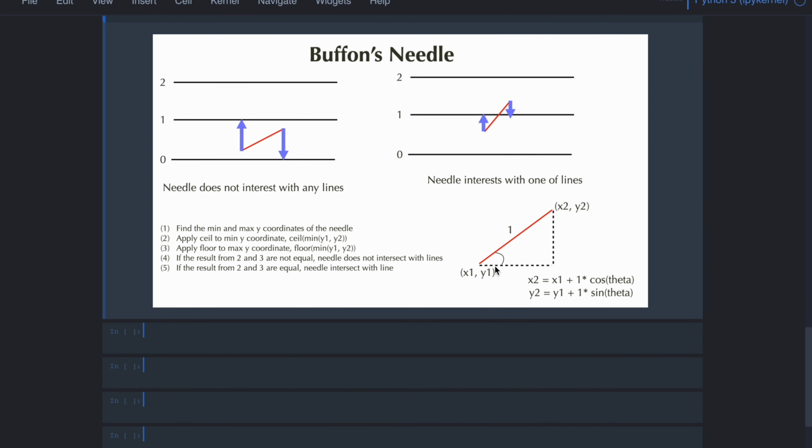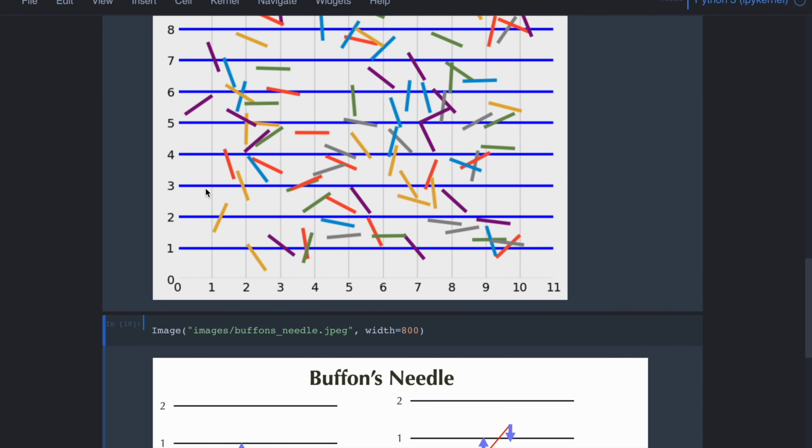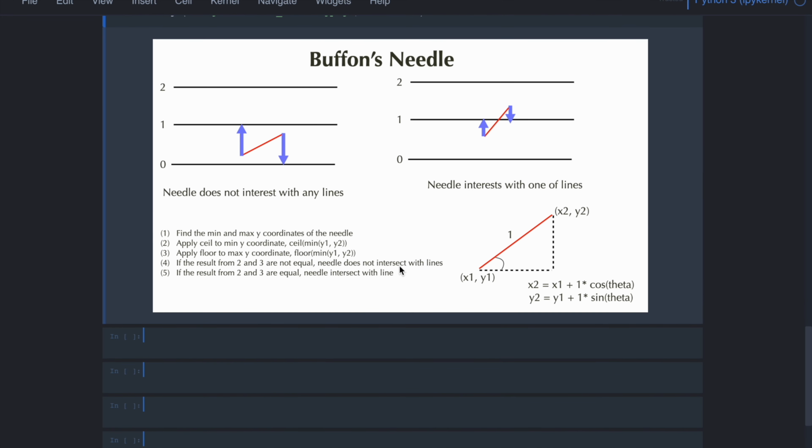Let's say we have generated a coordinate x1 and y1. We generate an angle theta, and from trigonometry we know this forms a right-angled triangle, and we already know the length of this needle, which is 1, or it could be any arbitrary length L. If the length of the needle is L, then the spacing between the horizontal lines should also be L. Now from trigonometry we know the coordinate x2 will be equal to x1 plus the length of the needle, in this case 1, times cos theta.